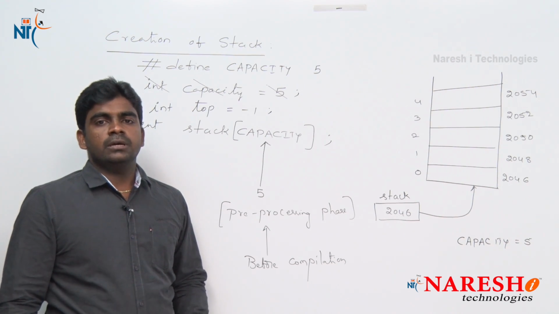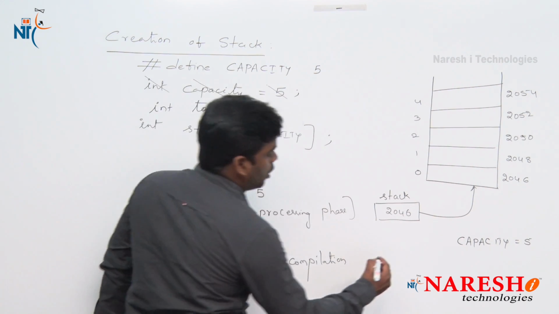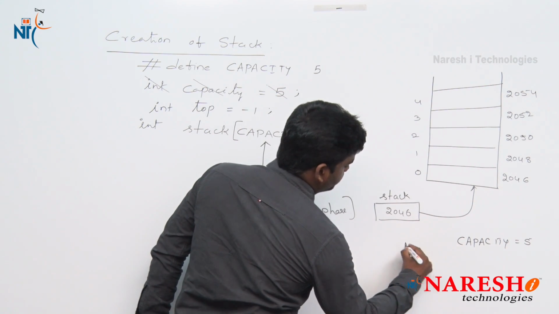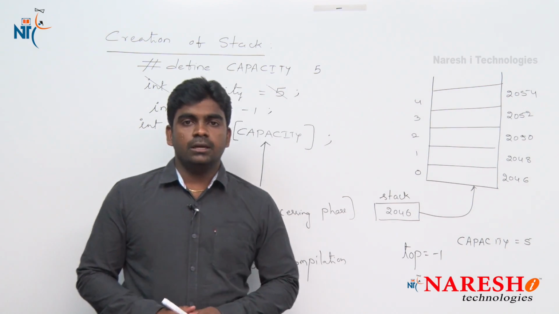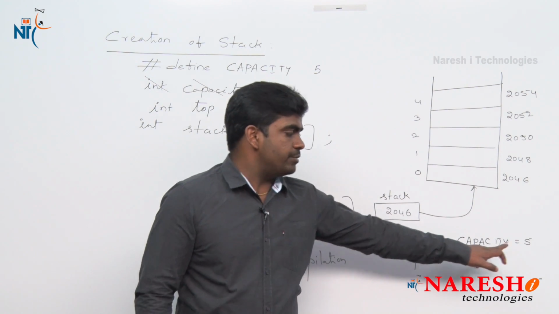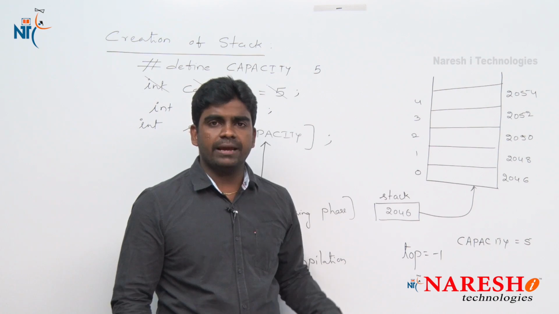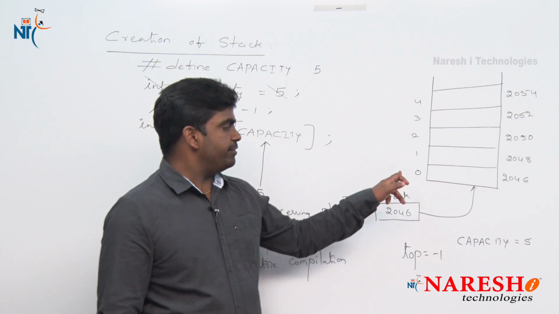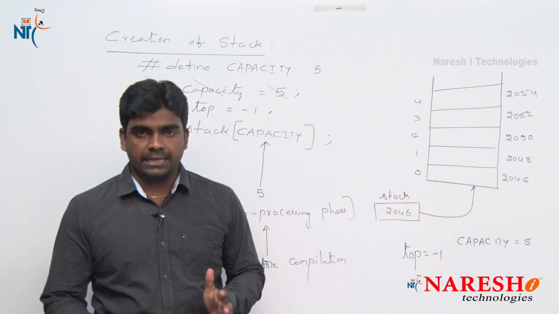Initial value equals -1. So here top equals -1. Remember, the capacity variable is 5 and the top variable value is -1. Why -1? Because if it is 0, it is pointing to the first location, index 0.